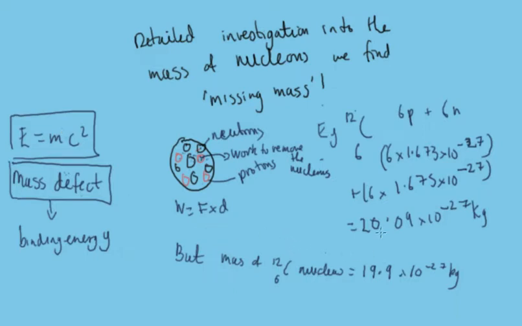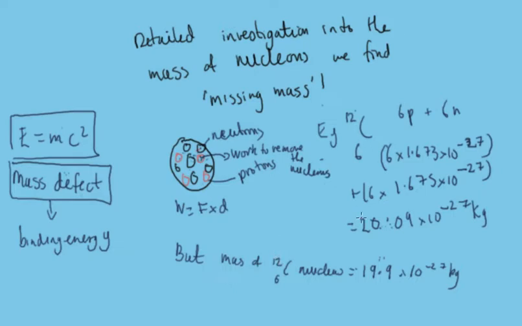So if we find the difference in the masses of all the different separate nucleons, and we take the actual mass of the nucleus away, that mass plugged into here gives us the binding energy for carbon 12.